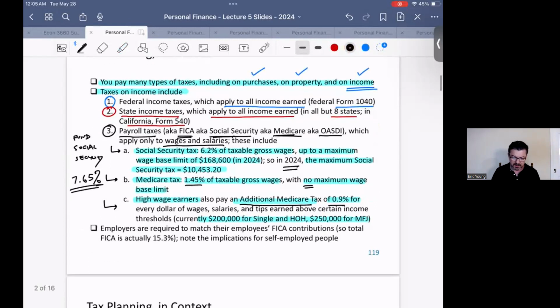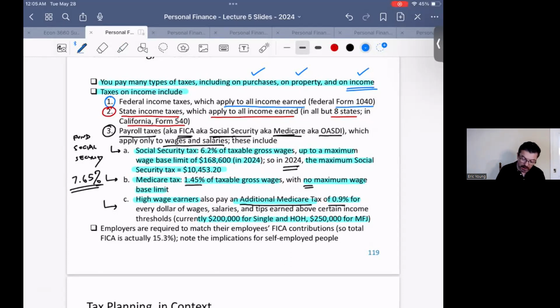I'll point out one other thing, which isn't super important, but you need to know it. Technically, under the way that the FICA laws are written, you pay half of your total FICA tax, and your employer matches the other part.